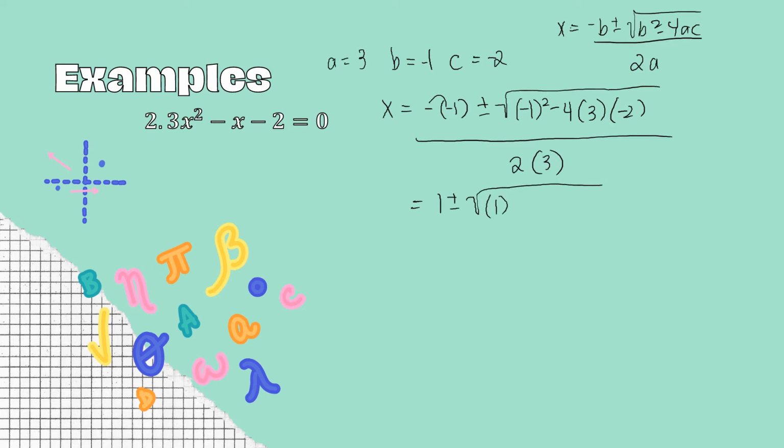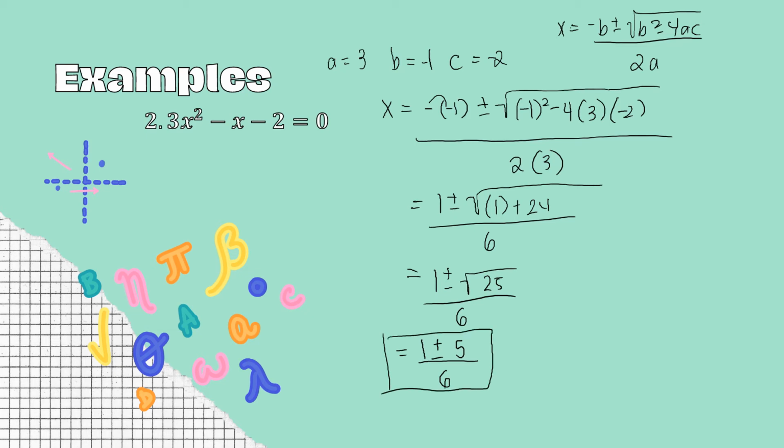So 4 times 3 is 12 times negative 2 is negative 24 times negative is positive 24, over 2 times 3 is 6. So you have 1 plus minus square root of 25 over 6. So 1 plus minus the square root of 25 is 5, and then over 6. So this is your final answer because we cannot lowest term it already.